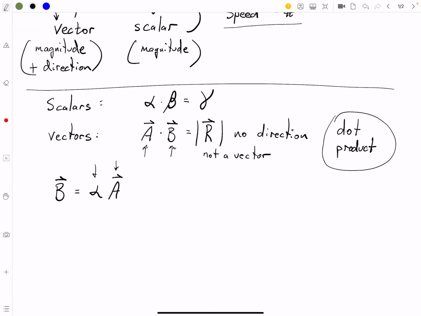That's our vector. And we are getting another vector out of it, okay? But that vector has to have some things. B must be parallel or anti-parallel.